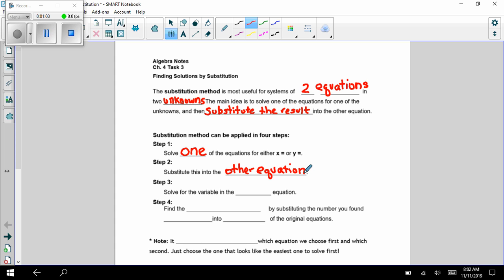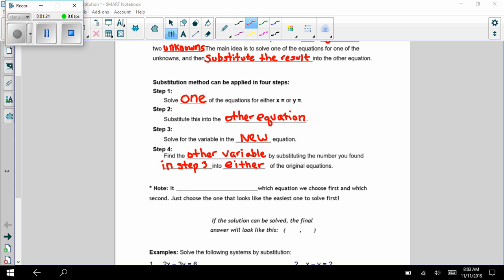Step 3, we're going to solve for the variable in the new equation. And then step 4, we're going to find the other variable by substituting the number you found in step 3 into either of the original equations. This will all make sense when we do these examples in just a second.